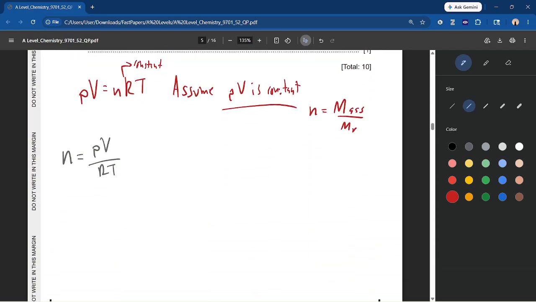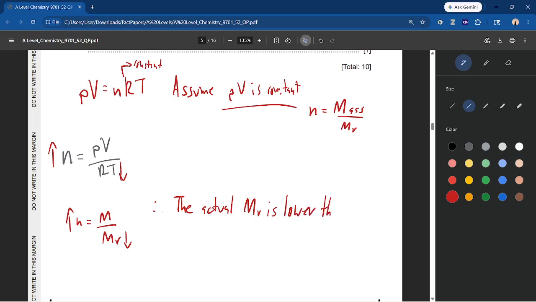So if the temperature is lower, then what this means is that the number of moles is higher. So if you have a higher number of moles and your mass is the same, then your MR has to decrease. So the actual MR is lower than the calculated MR.